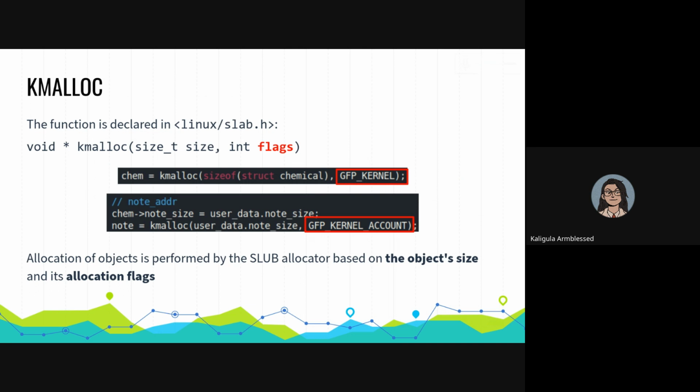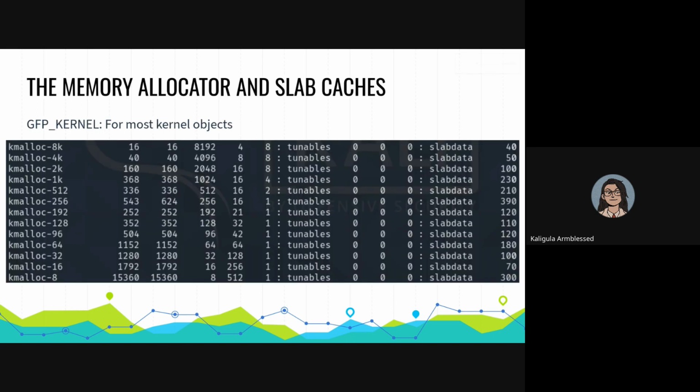Basically, remember I told you that kmalloc allocates objects based on size and its allocation flags. Now, this will have an impact on which cache the object is allocated in. For objects with GFP_KERNEL as the flag, it will be allocated in a normal kmalloc cache.